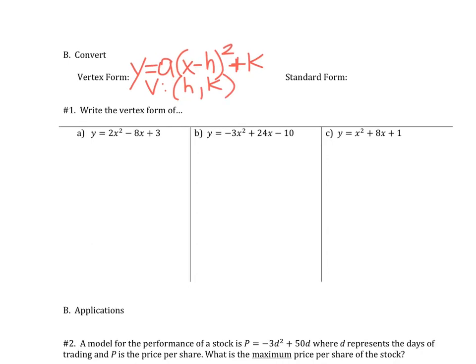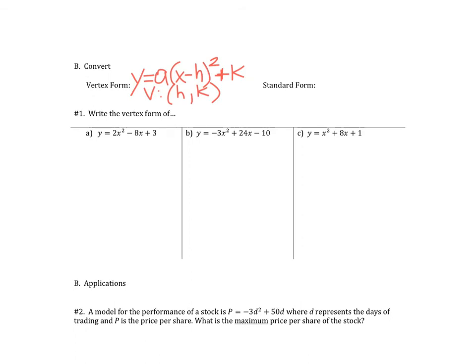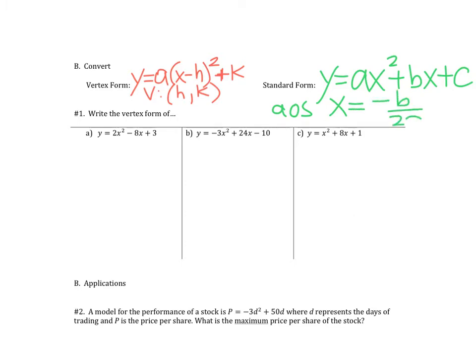And then standard form is the new form for today, and that was y equals ax squared plus bx plus c. Okay, and the formula that goes with that one is the axis of symmetry is x equals negative b over 2a. Now let's note one thing here.